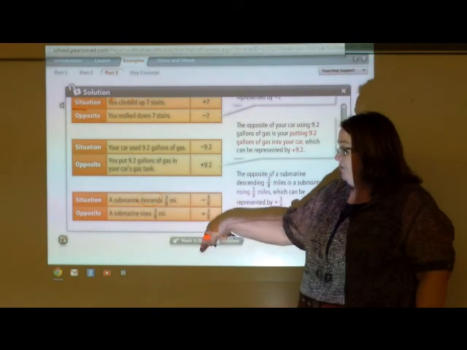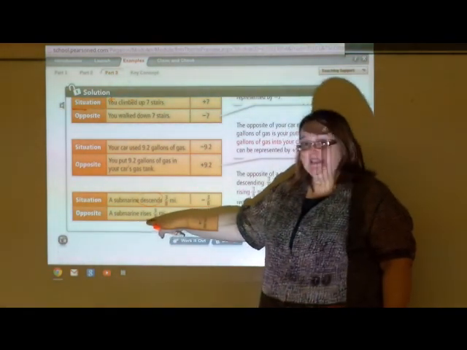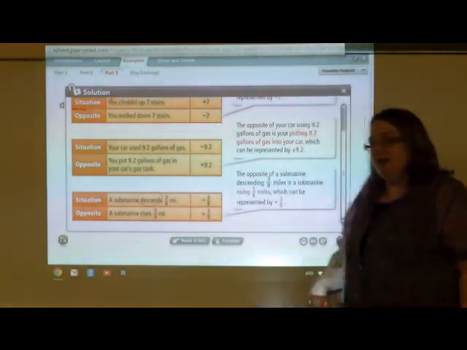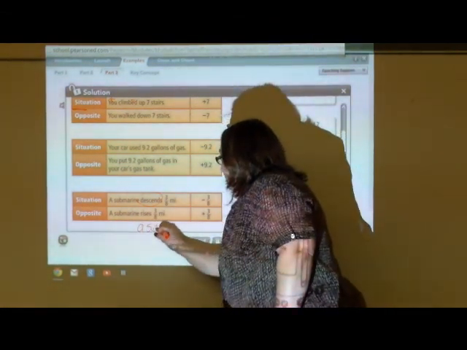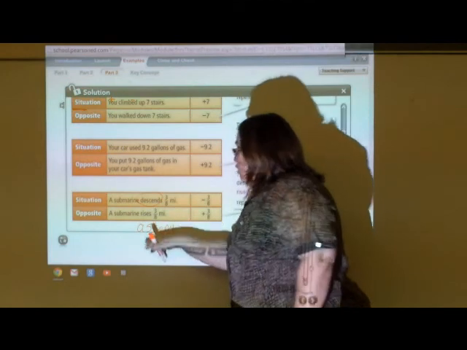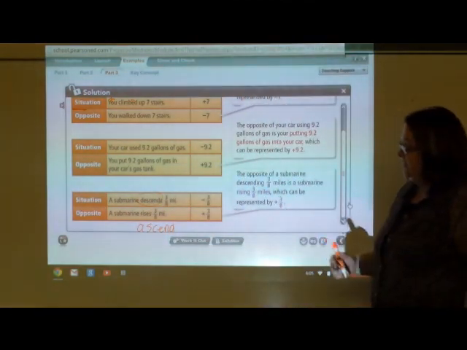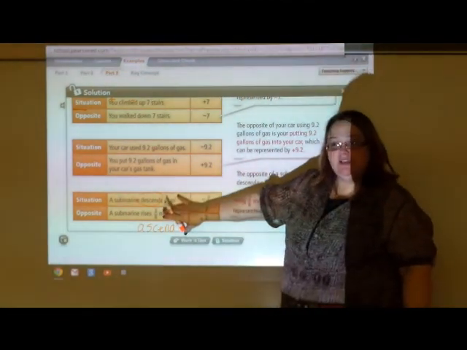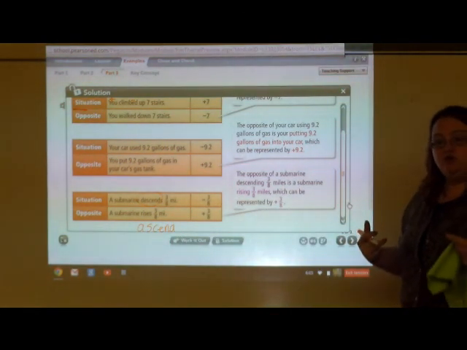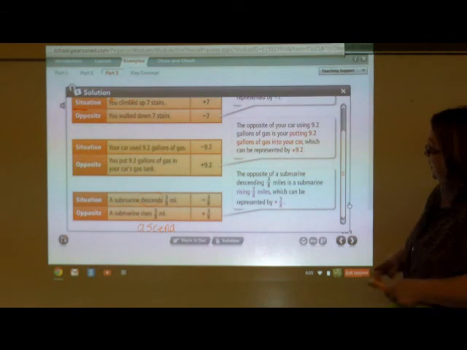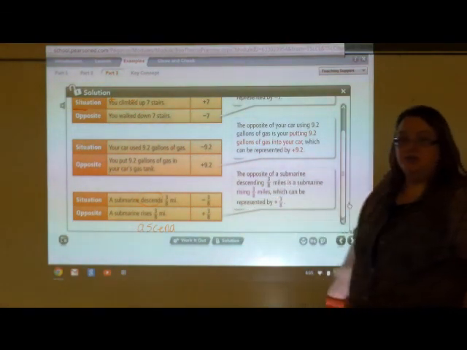Well, if the submarine went down, they're going to say the submarine rises 3/8, or they could have given you a new vocabulary word and said ascend, which also would mean going up or rising. So these are 2 key vocabulary words you may want to add to your word banks so that you know what they mean when you come across them in a story problem. And hopefully you came up with these particular answers.